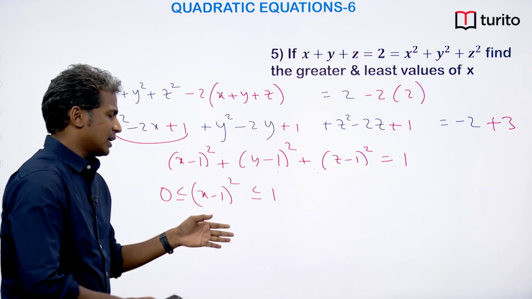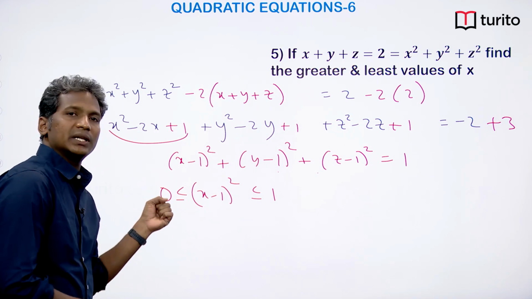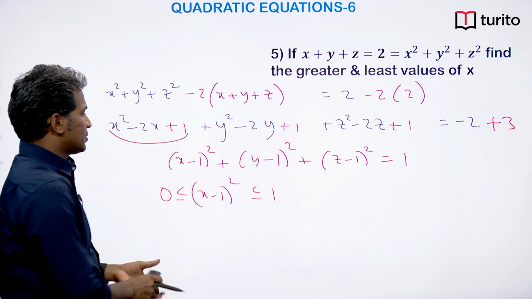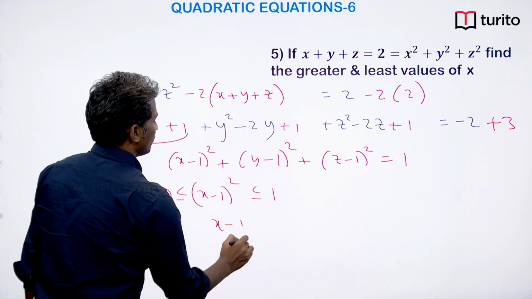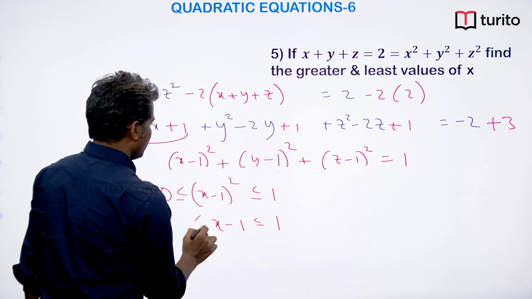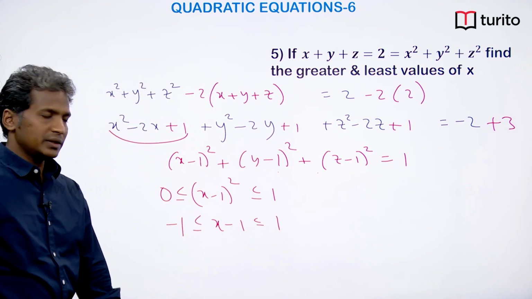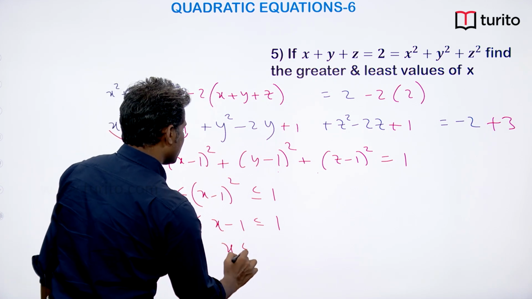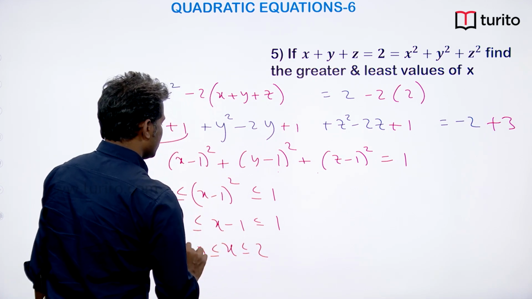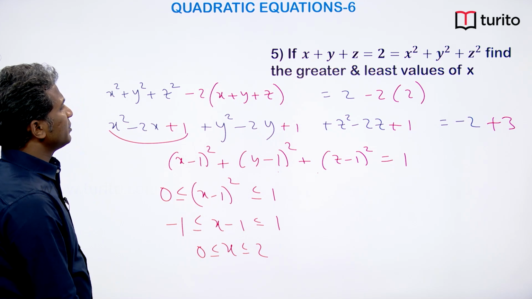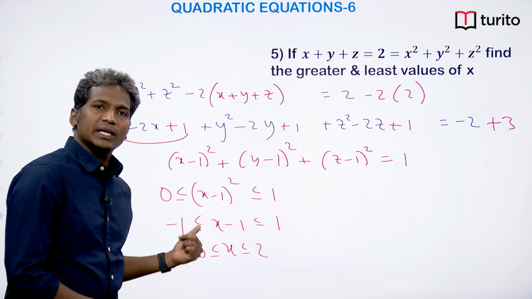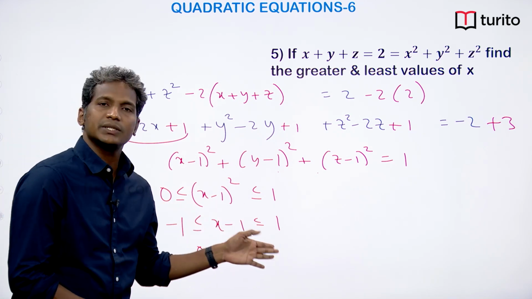So, now using this idea, this left hand side statement is naturally valid. So, if I just solve this inequality, x minus 1 must be between minus 1 and 1, which means x must be between 0 and 2. So, what is the minimum value for this? For x, minimum is 0, maximum value for x is 2.